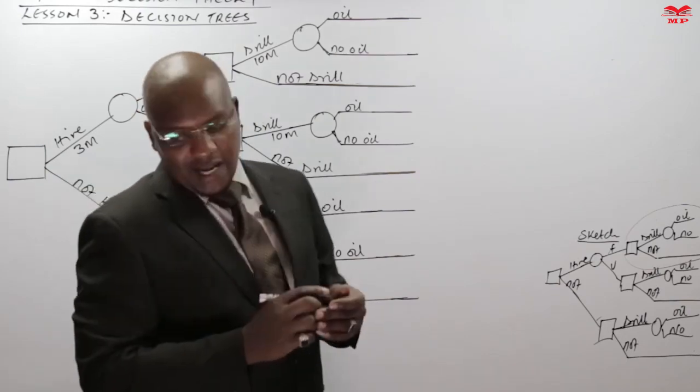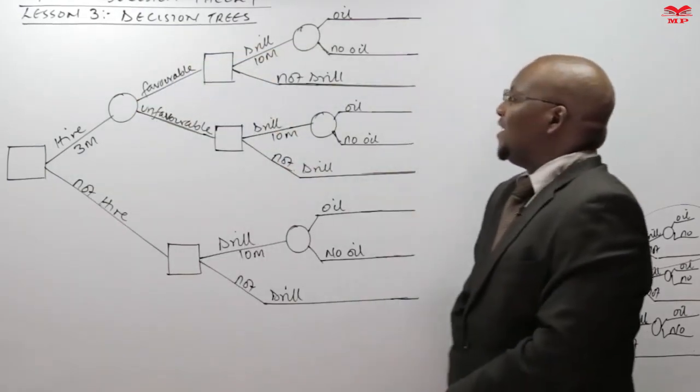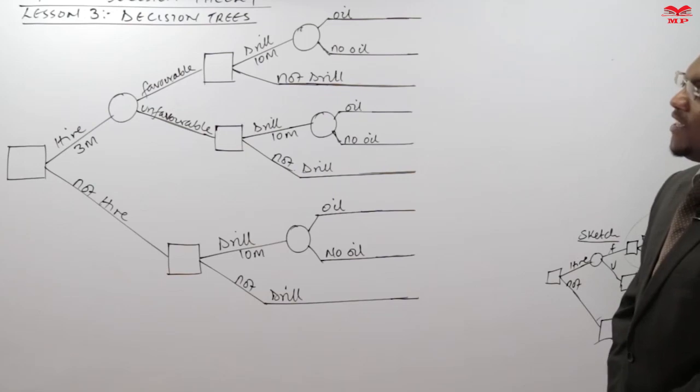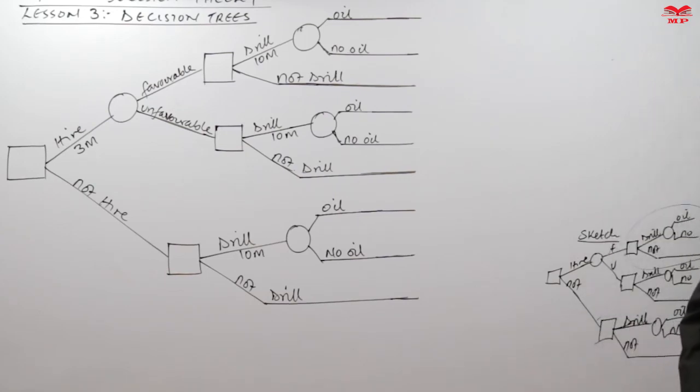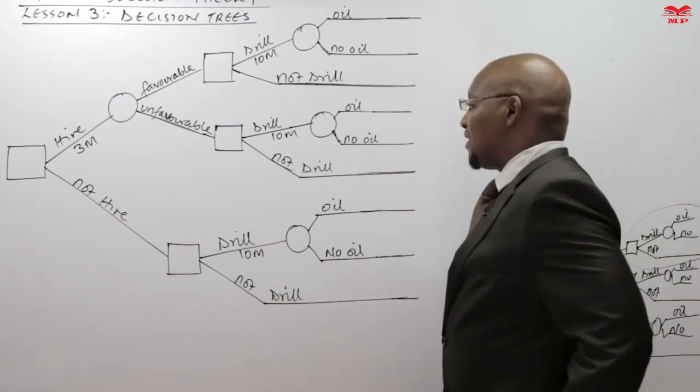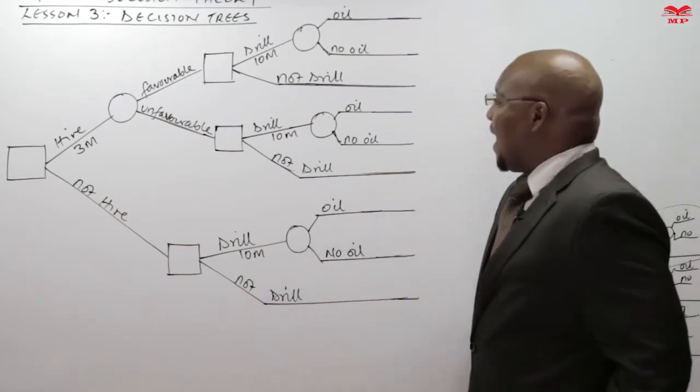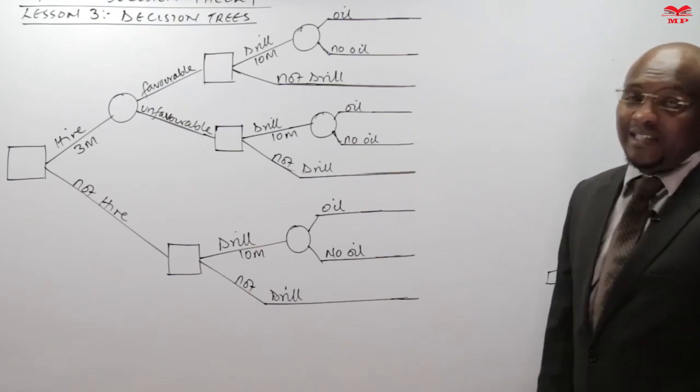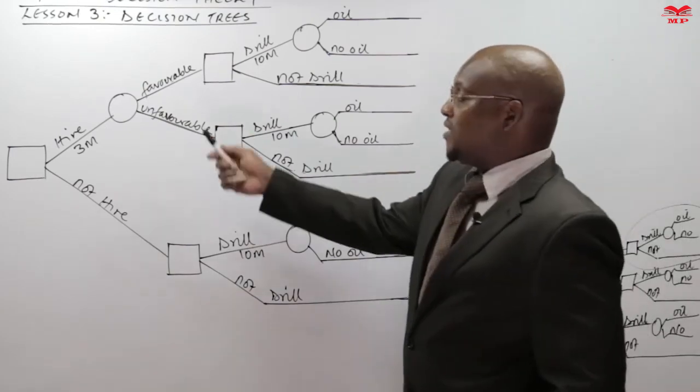Then something else is now about the event node, where you have a circle. After a circle, we have the outcomes, which are actually states of nature. And we require to indicate their probabilities. Where you have a circle, these are probabilistic in nature.